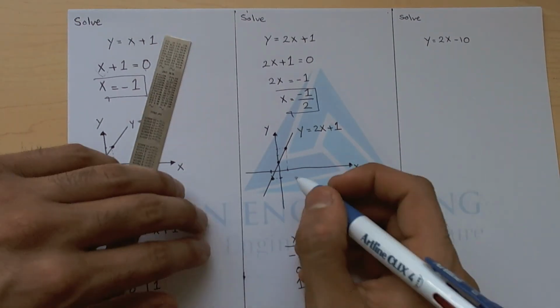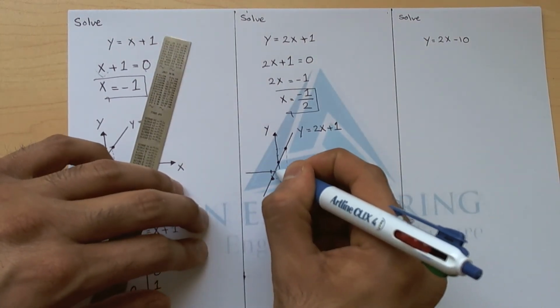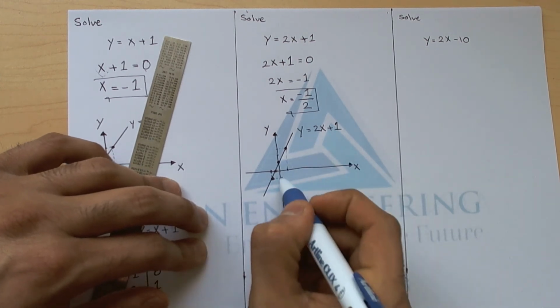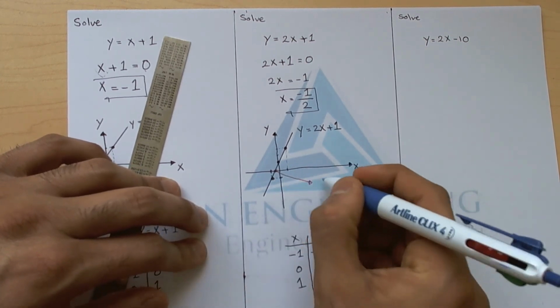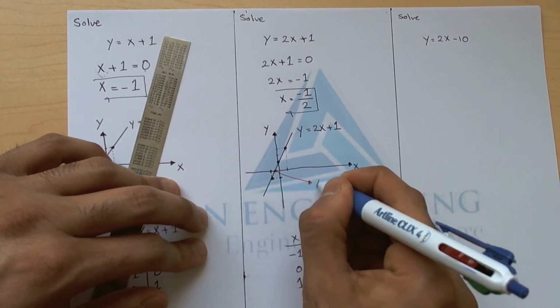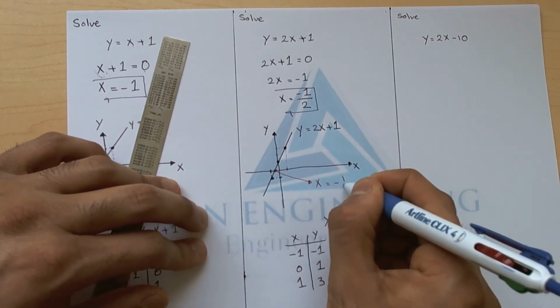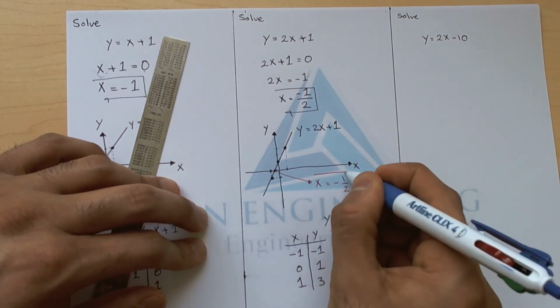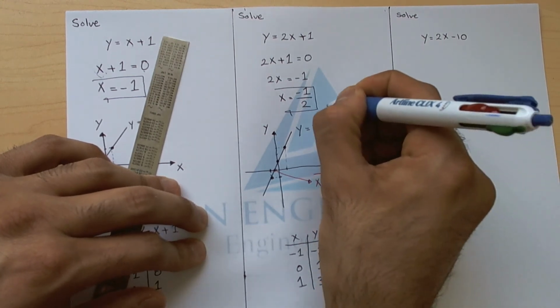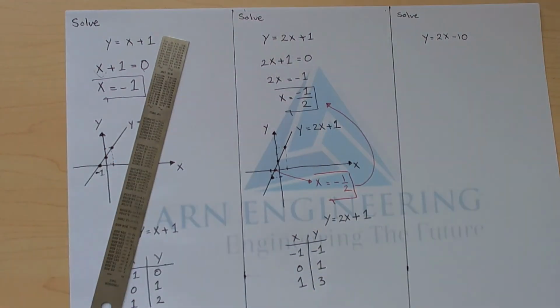As we can see, this point is an x value of -0.5, which is what we calculated previously.